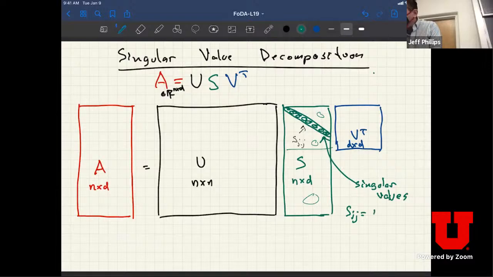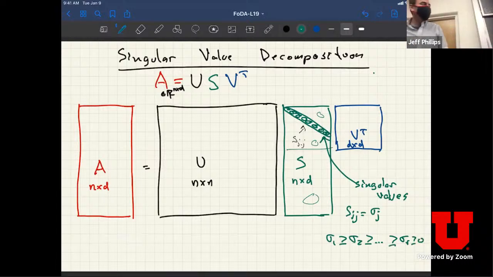S J J is written as sigma j. That's often the notation we'll use here. We'll have that sigma 1 is greater than or equal to sigma 2, up to greater than or equal to sigma r. After this, all of the ones after might actually be 0.